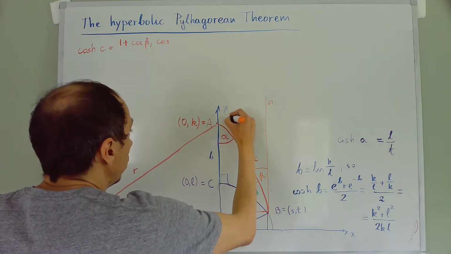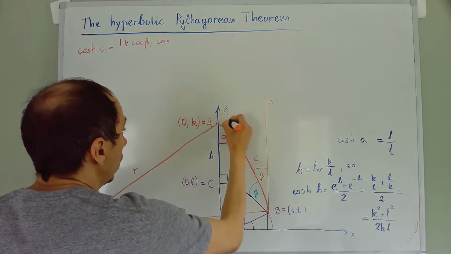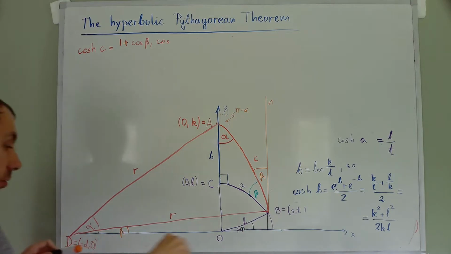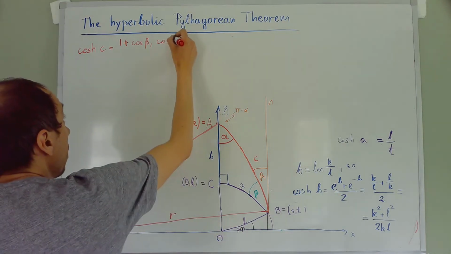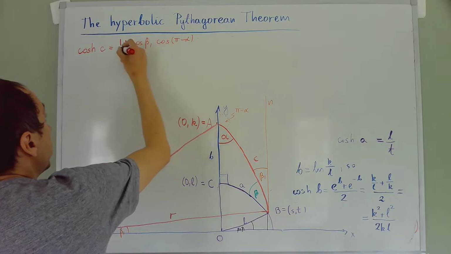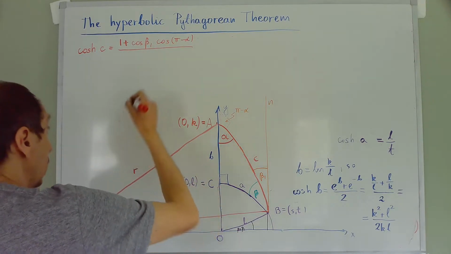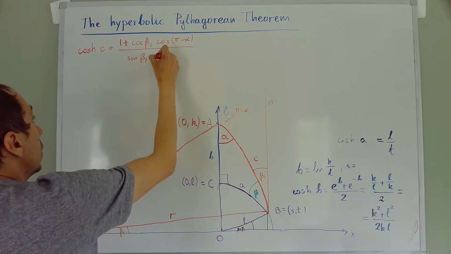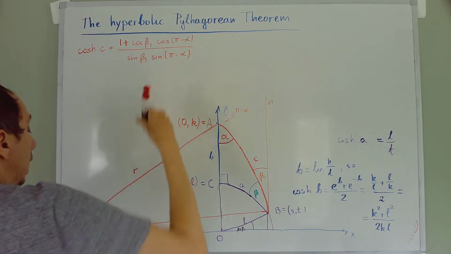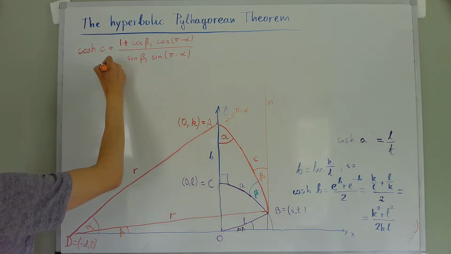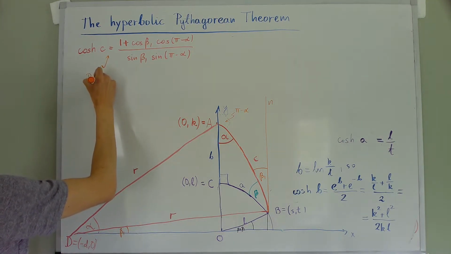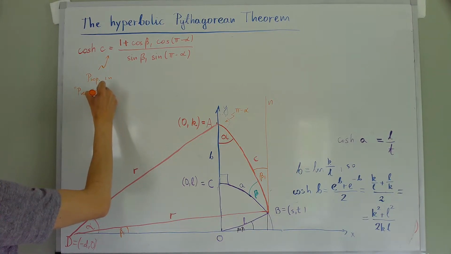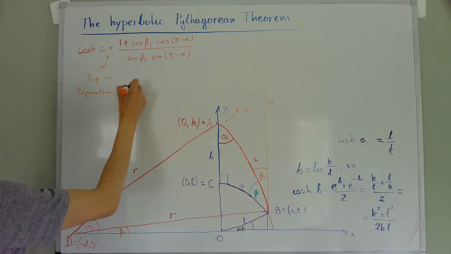So the other relevant angle is this one, but this angle is pi minus alpha. So pi minus alpha divided by sine beta 1 sine pi minus alpha. Again, this is the proposition in the lecture about the preparation for the Pythagorean theorem.